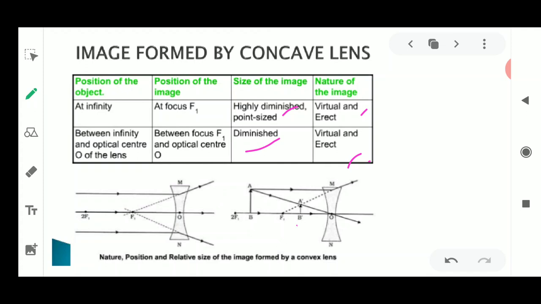We use these positions to obtain certain images, and these images have the same nature. So the nature of the image remains the same, please remember, in the case of the concave lens. And I'm emphasizing that whenever you are drawing the ray diagram, just focus on the rules, the laws and the measurements which you are taking. Even if you don't remember the nature and the size of the image, you could easily obtain the same result as written in these tables, which I have taught you, if you draw it in the measured way.